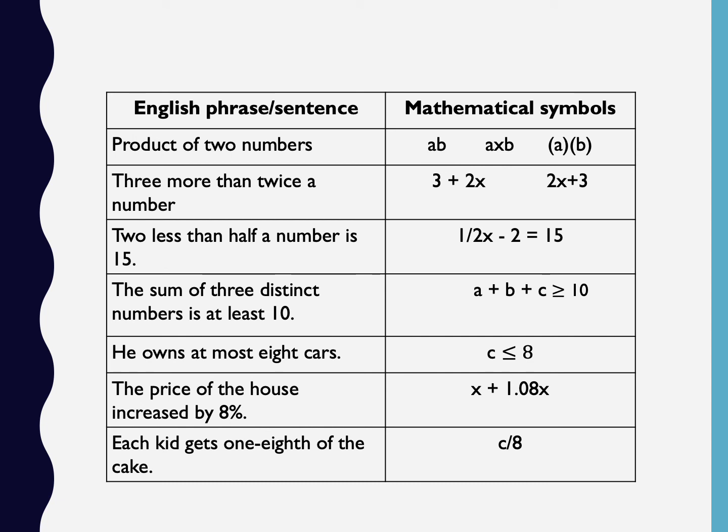So you let, for example, X be the price of the house. So if you increase it by 8%, then that would be X plus 0.08x, which is equivalent to 1.08x.